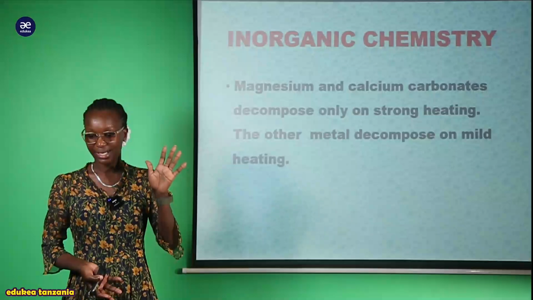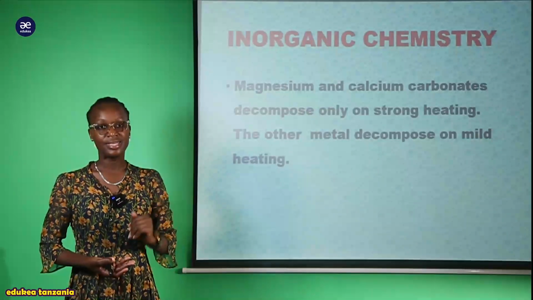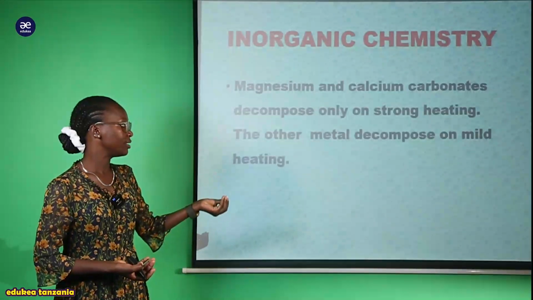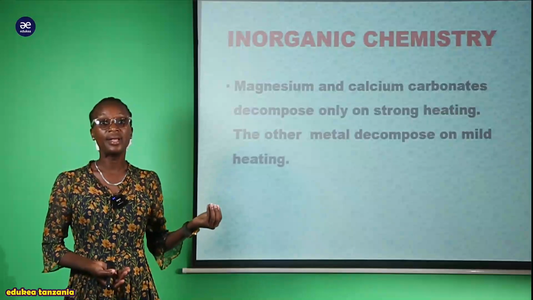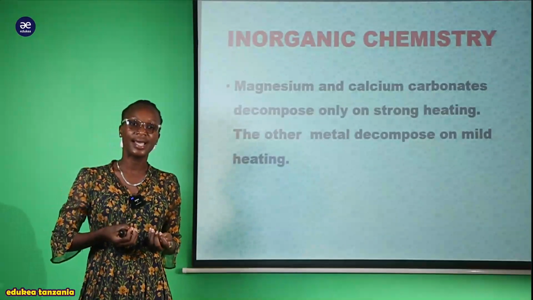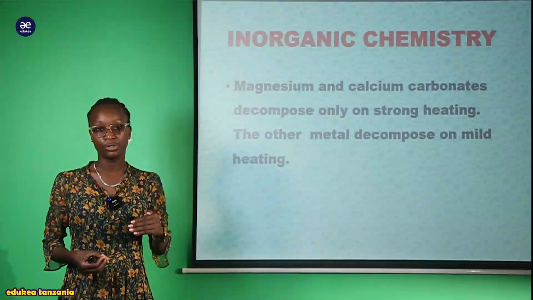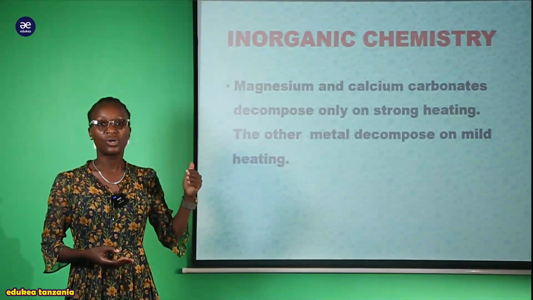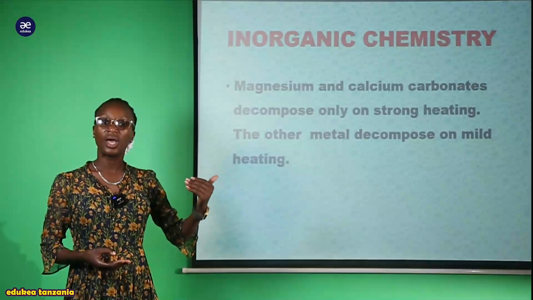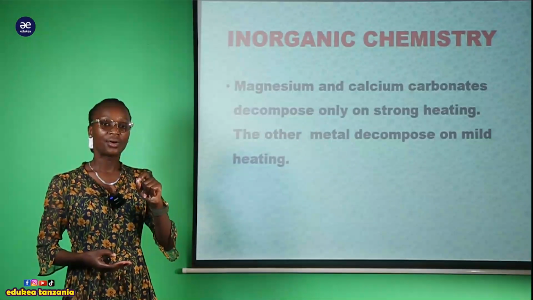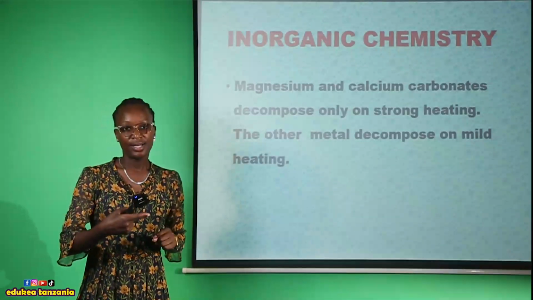Zile elements zinatofautiana moja hadi nyingine. Kwa hiyo utakuja kuona kwamba of course zina decompose under mild heating, lakini tunapokuja kwenye case ya degree of heating it will be different because of the different metals. Tunapokuja kwa metal ya copper, metal ya zinc, metal ya lead, utakuja kuona kwamba they require the different degree of heating.